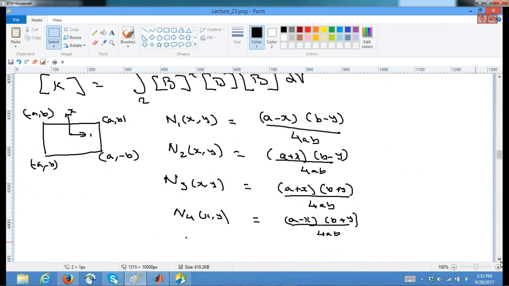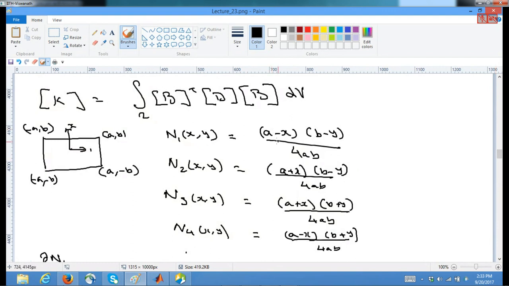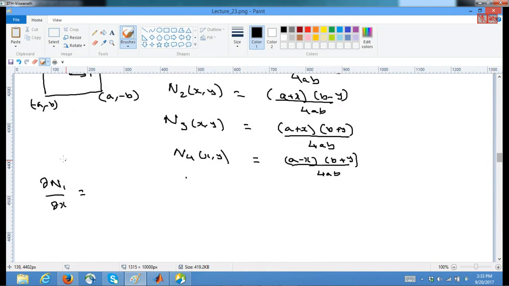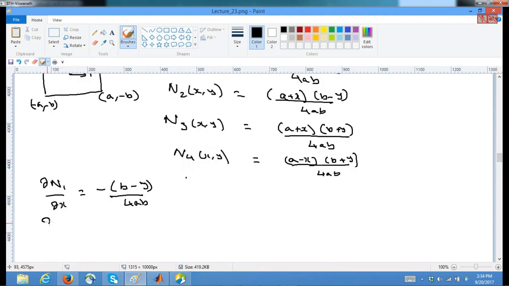So let me find these. dN1 by dx, if I differentiate only with respect to x, I will get minus 1 into (b minus y) over 4ab. Similarly, dN2 by dx is (b minus y) over 4ab.